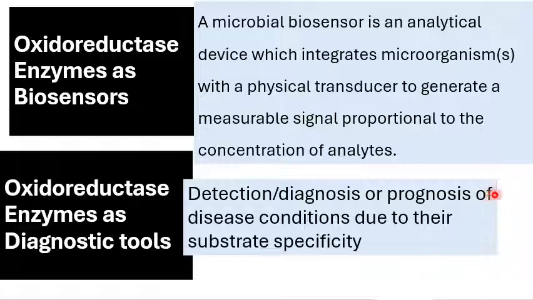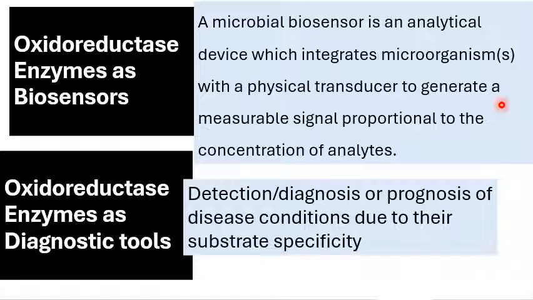It helps to carry out diagnosis and detect certain disease conditions before they become pronounced in the cell. This is used in medical settings.